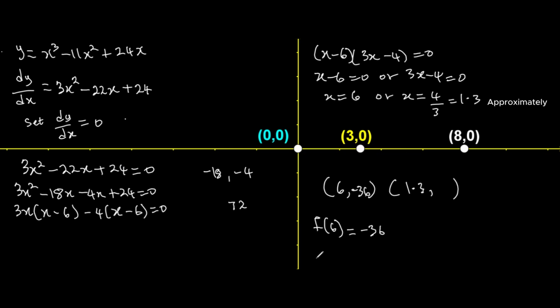And then if you also insert 1.3 into the original cubic function, you are going to obtain 4.8. So here we have 4.8. Okay, so these are the 2 points that serve as our turning points.